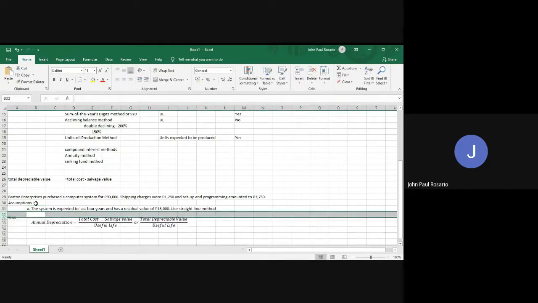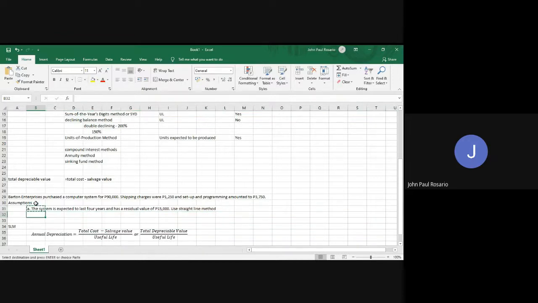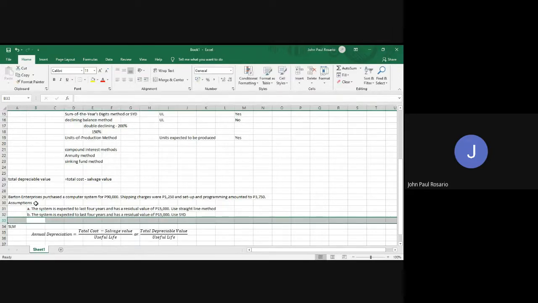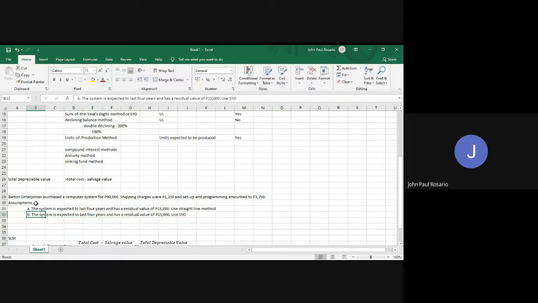And then the second assumption would be the system is expected to last 4 years. Use sum of the years' digits. So this is our letter B. And for our letter C, this is expected to last 4 years and has a residual value.